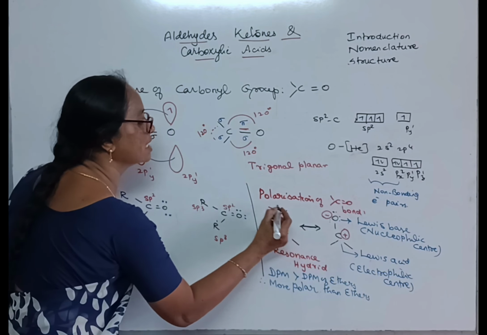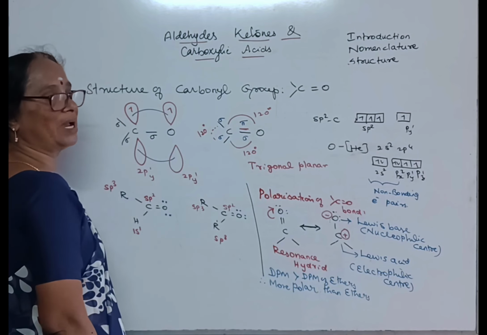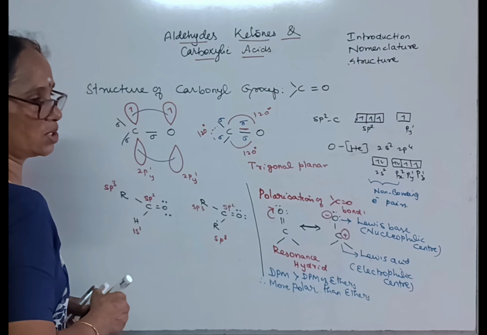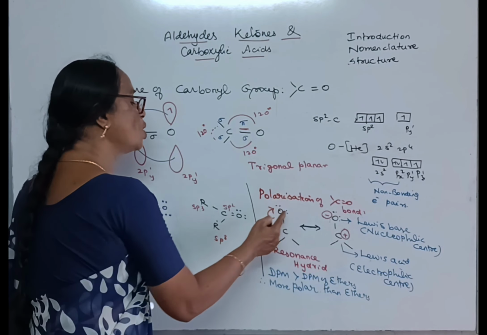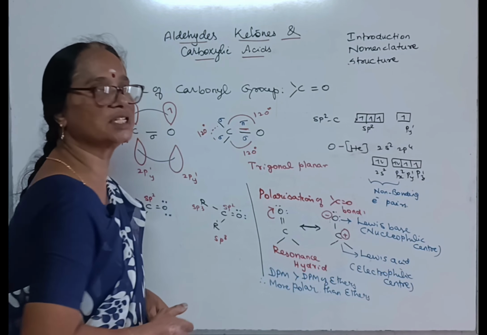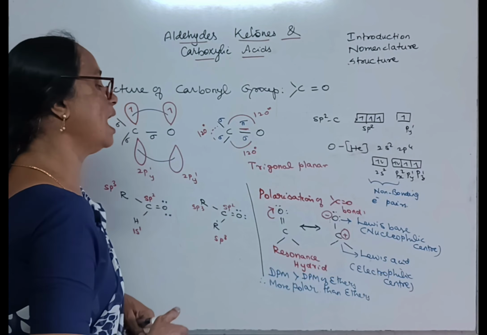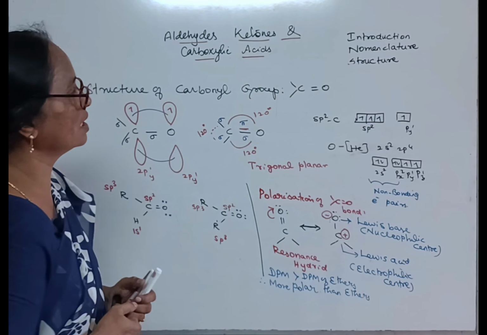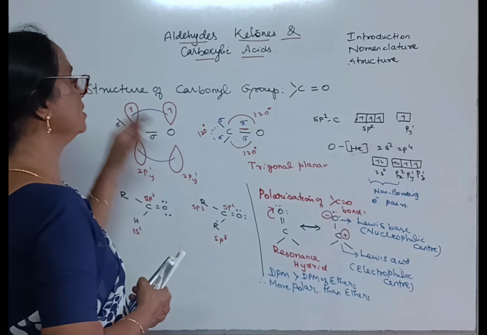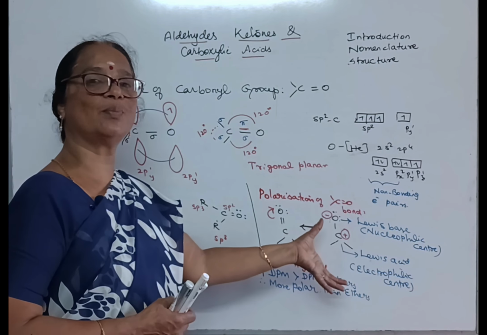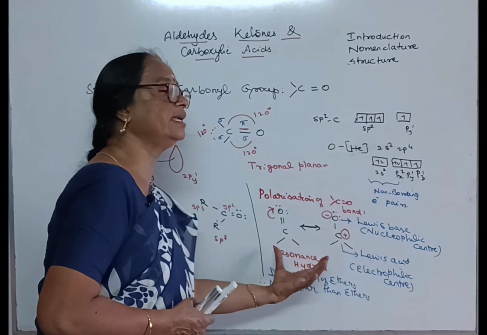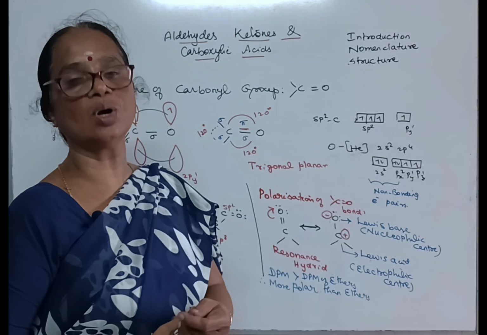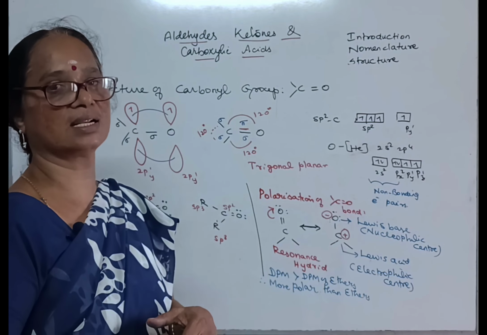Before delocalization, oxygen has two lone pairs, which are referred to as non-bonding electron pairs. This also makes the oxygen atom electron rich and hence a Lewis base. So this is the structure of the carbonyl group, and we have also discussed its polarity. The polarity of carbonyl compounds is much higher and hence they undergo nucleophilic addition reactions.